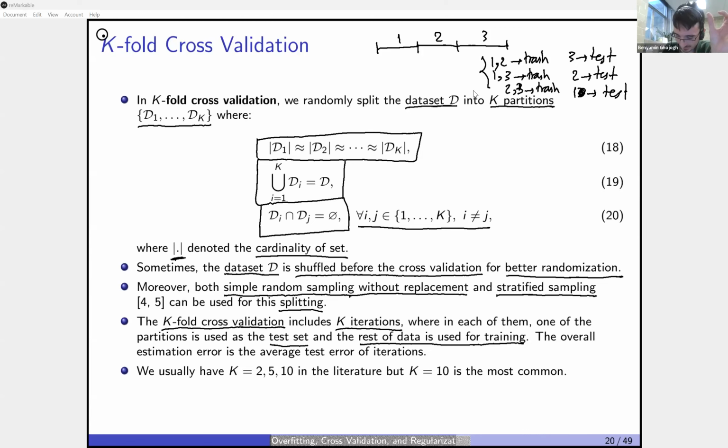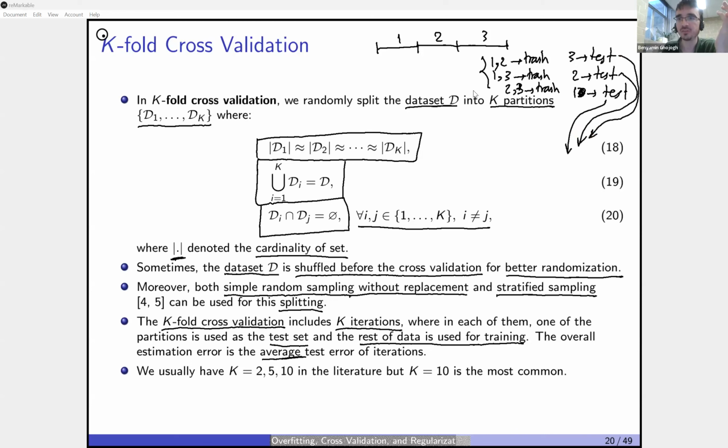And then at the end, we'll have one test accuracy or one test performance, whatever measure you're using. You have some test performance for this one, some for this one, some for this one. So in this case, we will have 3 test performances. Then the total performance or the total estimation error for the test is the average.